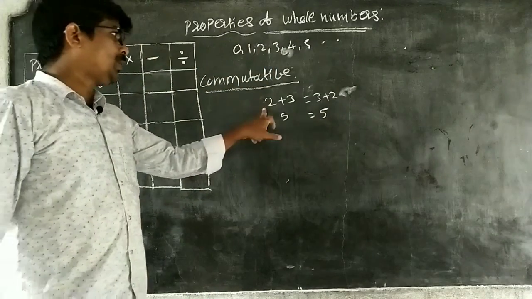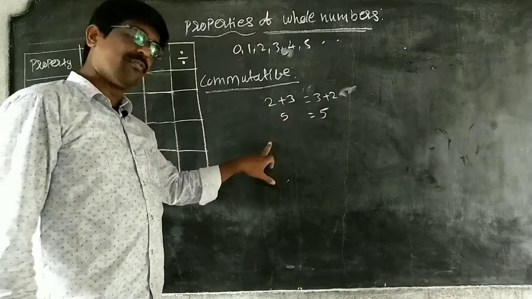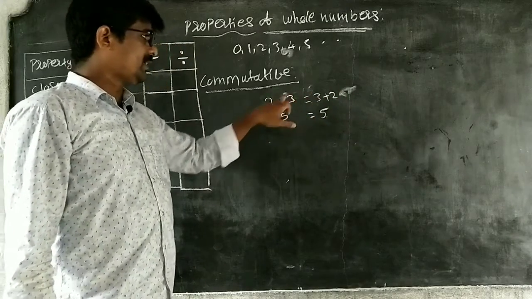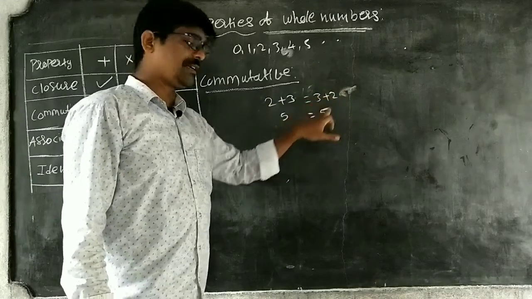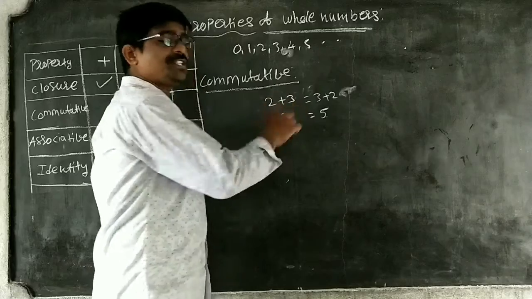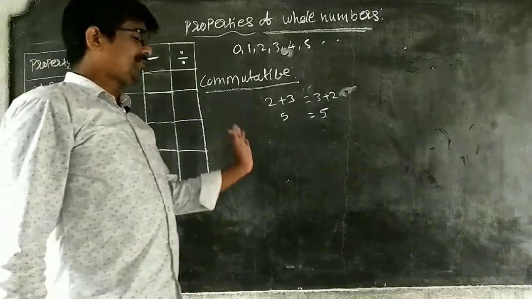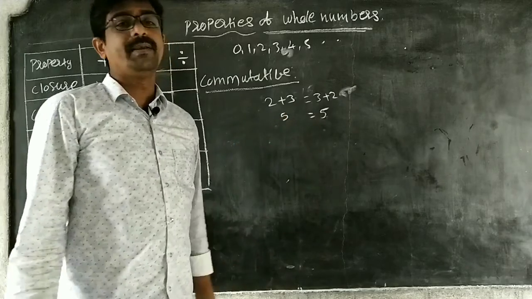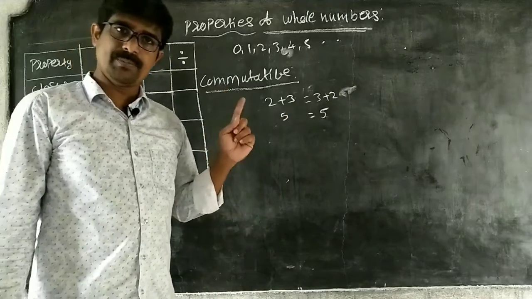So 2 plus 3 is equal to 5, and 3 plus 2 is also 5. If the order is changed, the number on the left side is written on the right side, but the result should be the same.